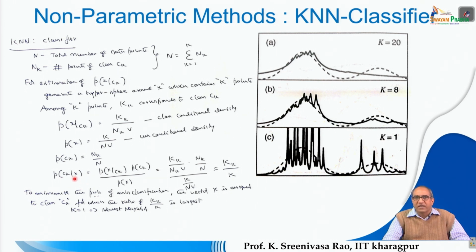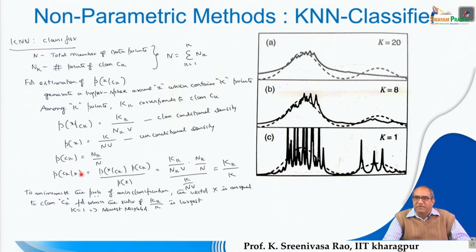Then, whichever posterior probability is the maximum, that class label will be assigned to the test vector. So, this k nearest neighbor can be used as a classifier as well.